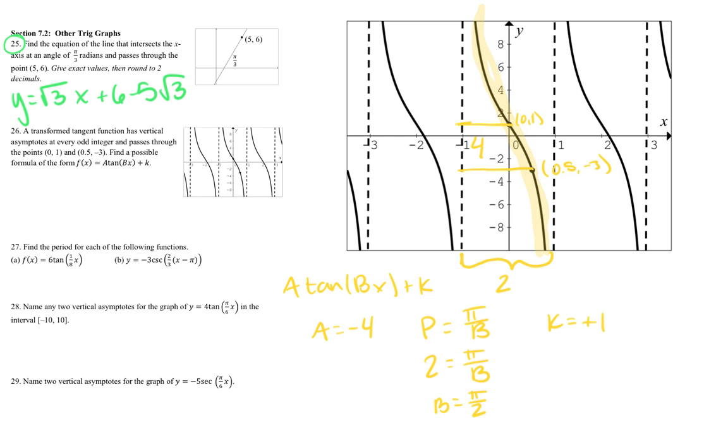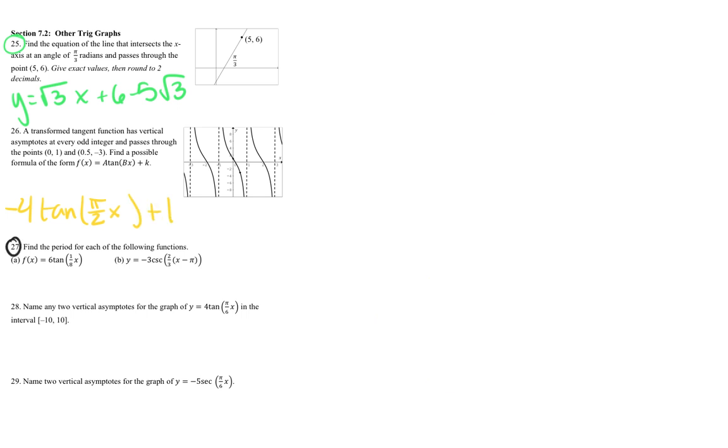So our final graph is going to be -4 tangent of pi over 2 x plus 1. It's asking us to find the period for each of these functions. This first one is 6 tangent of 1/8 x, and so this is our b.